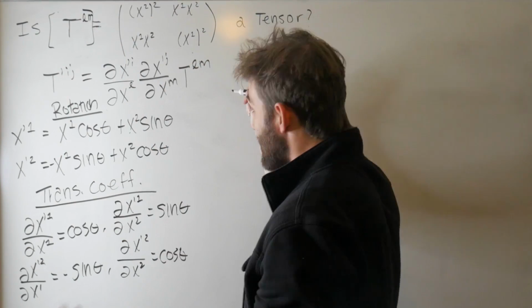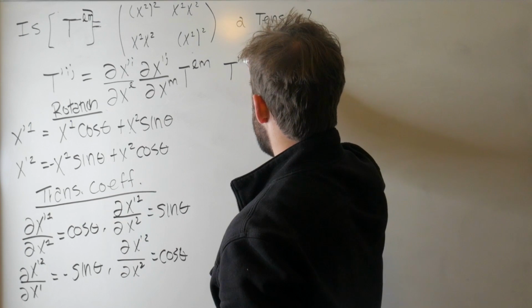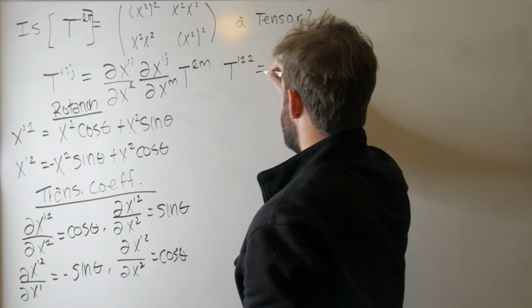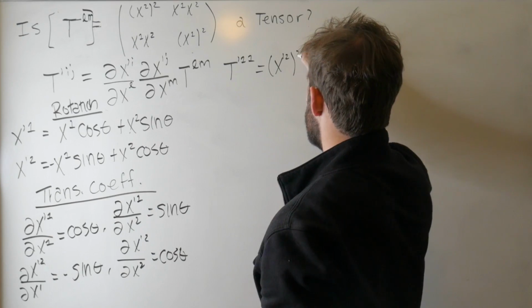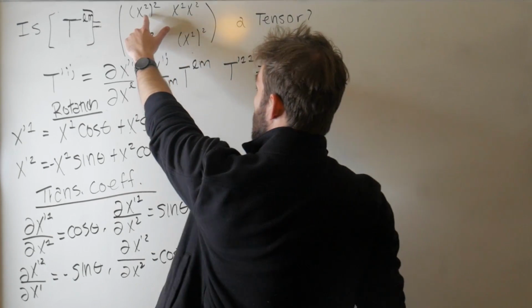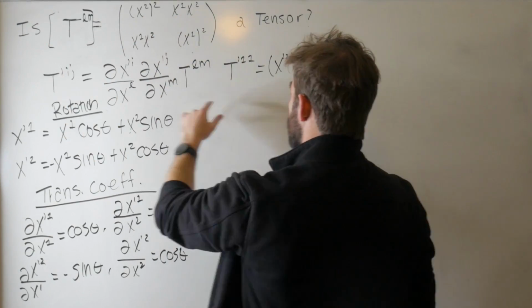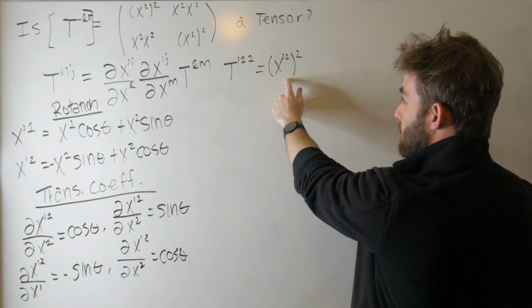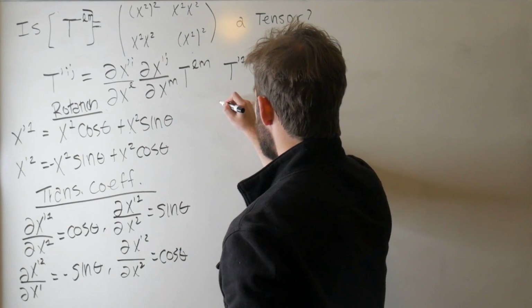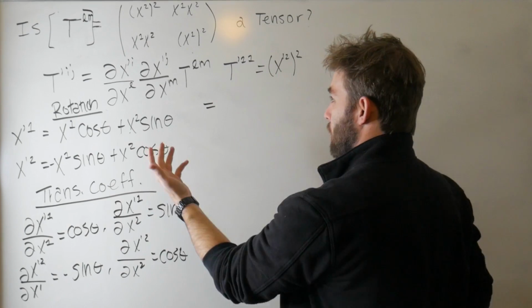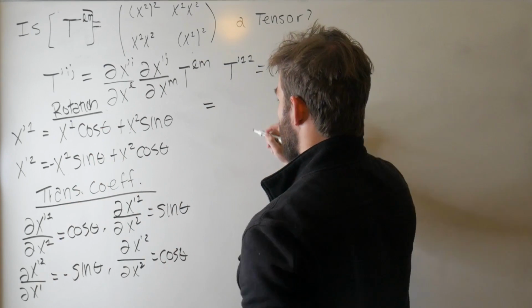So if it does, T prime 1, 1 should be equal to x1 prime squared, because we're just going from the unprimed to the primed. So this is what we should get if it transforms as a tensor. Let's see if that's what happens. So this is equal to, we're just going to sum over L and M. It doesn't really matter which order.